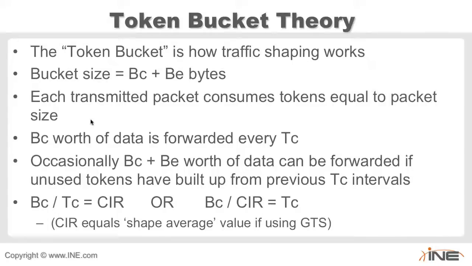Now we typically don't define the time interval, but let's just go ahead and assign a value to our CIR. Let's say it's 512. We actually define these in bits per second.